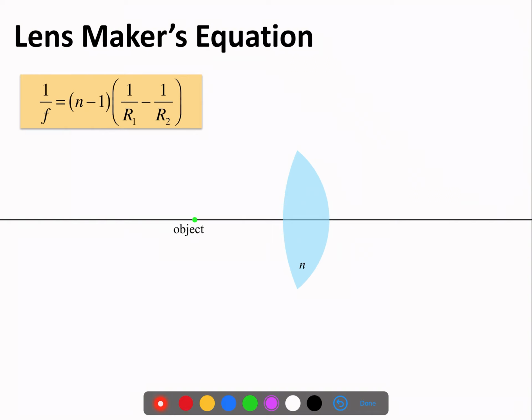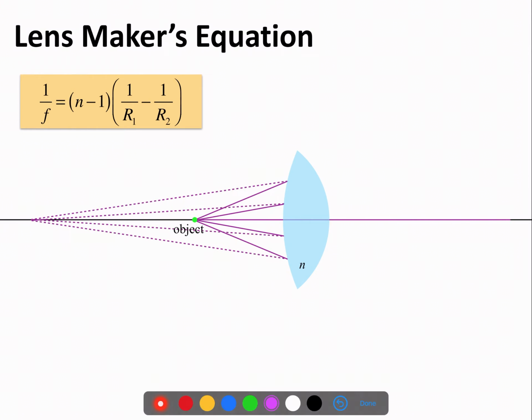And then we have R1 and R2. Now those get a little complicated. So here's sort of our object, and then we can backtrace to an image, okay? And this is sort of our ray tracing for our two focal lengths. So here's our object, here's our virtual image, and here's our image.